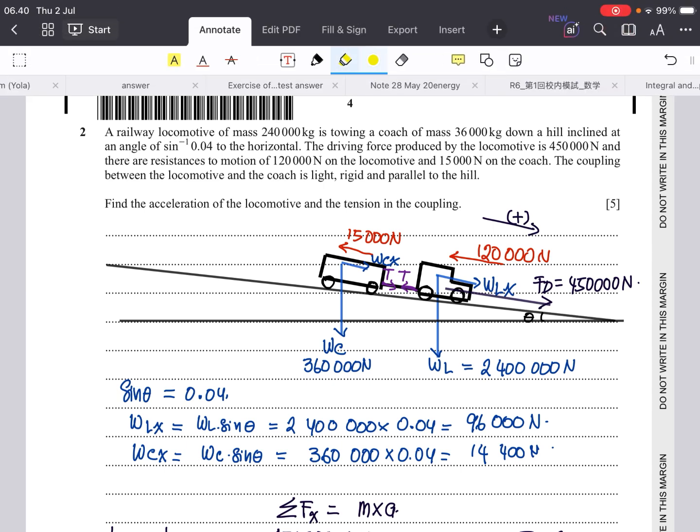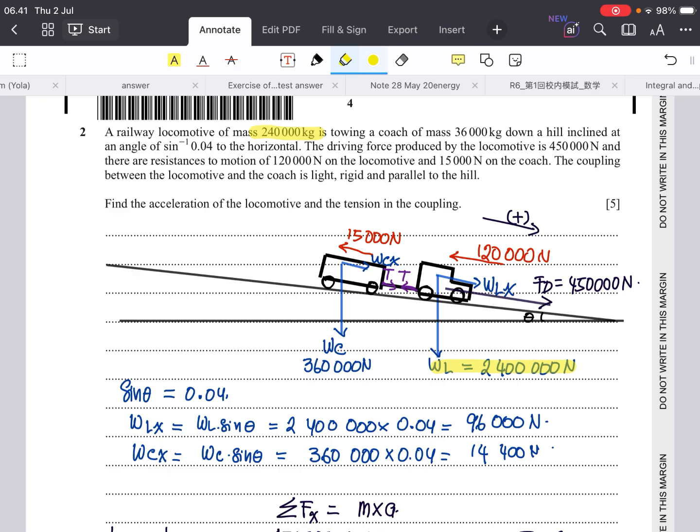So let's first draw the free body diagram using the information in the question. This is the inclined plane that makes angle theta to the horizontal, in which theta is sine inverse 0.04, or in other words, sine theta is 0.04. Then the mass of the locomotive is 240,000 kg.